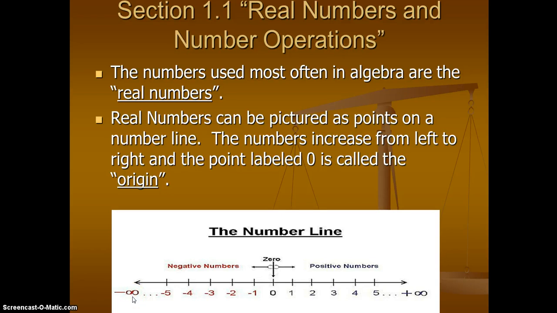We use an infinity symbol because we don't know where numbers end. Same thing on the positive side. It looks like a plus sign, but we consider this as positive infinity. Again, we use infinity because we don't know where numbers end. And so positive and negative infinity represent the largest numbers that we could think of on both sides of the number line.